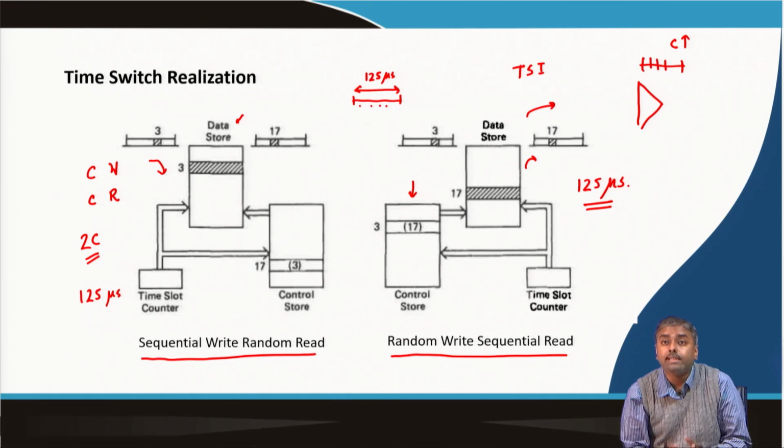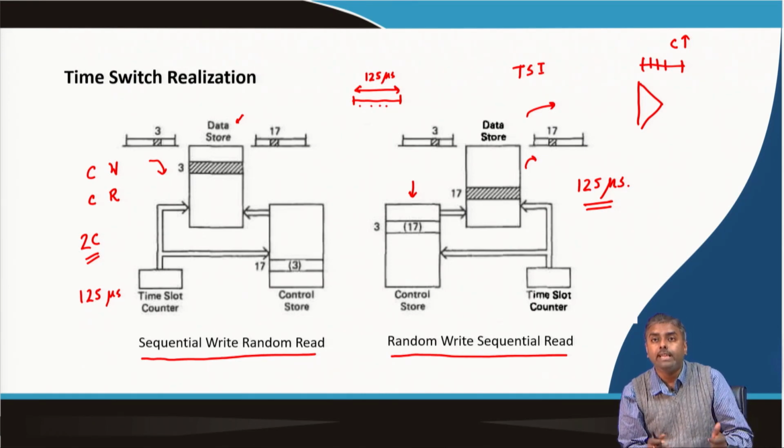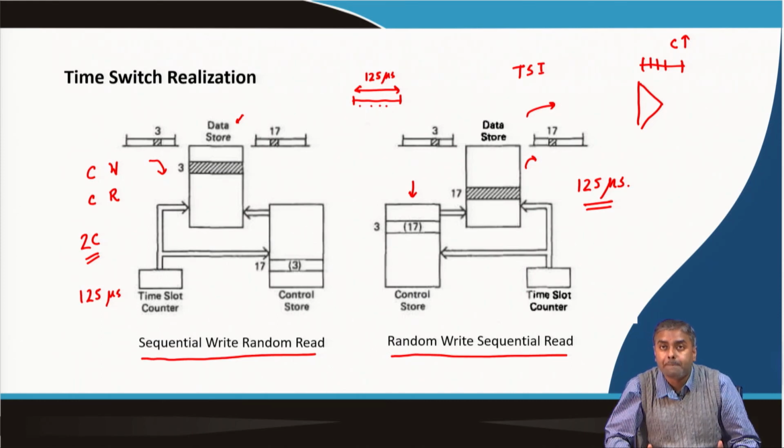So, therefore, there is a speed restriction. If you increase C, your speed of reading and writing has to be very high. Okay. So, the memory writing and memory reading speed has to be very high, and there is a hardware restriction on that.